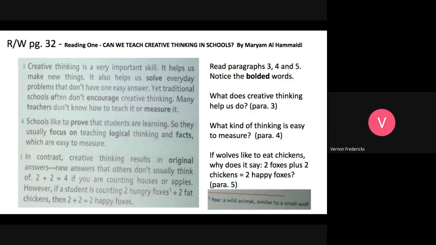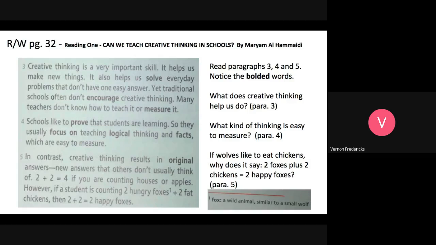In contrast, creative thinking results in original answers, new answers that others don't usually think of. 2 plus 2 equals 4 if you are counting houses or apples. However, if a student is counting 2 hungry foxes plus 2 fat chickens, then 2 plus 2 equals 2 happy foxes.